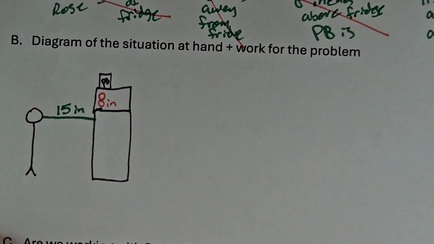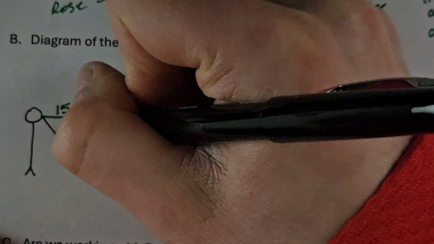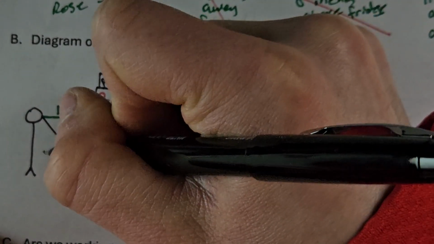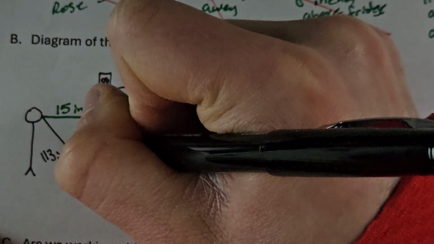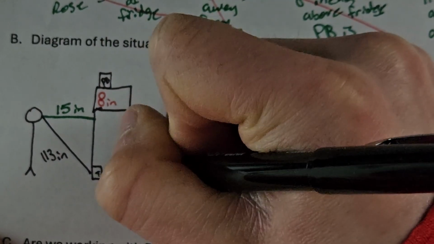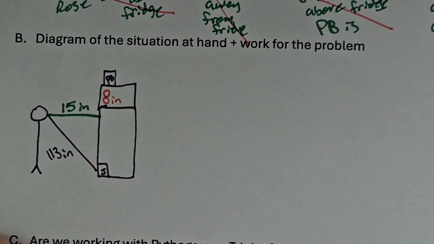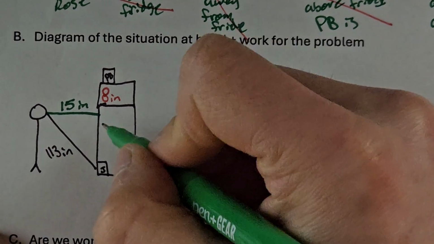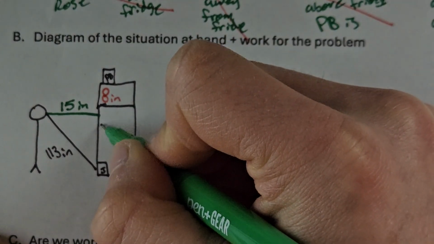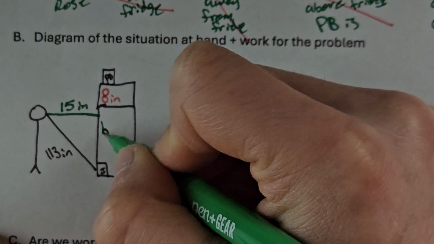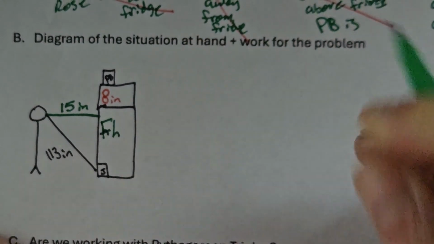And now I got to put the jelly arm's length. So if I drew arm's length, it'd be 113 inches away. Put J down here for jelly. My goal is to find the height of the fridge, so we'll do FH for height of fridge.